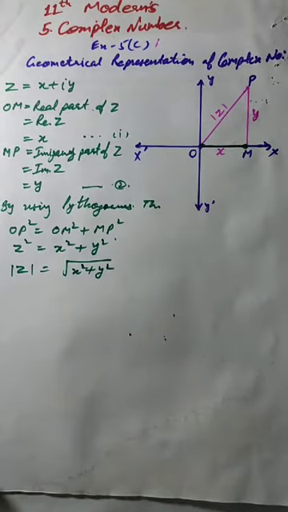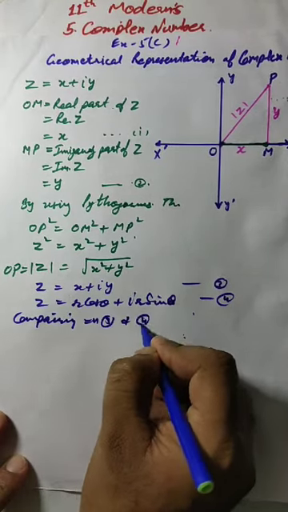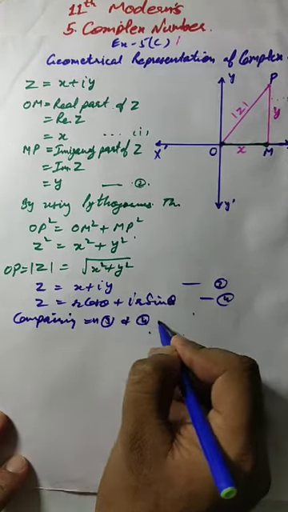Now if we represent the complex number in polar form, as we have written here, because Z was x plus iota y, let us take Z is equal to r cos theta plus iota r sin theta. Let us denote it by 3 and 4. Comparing equations 3 and 4, we get x is equal to r cos theta, denoted by 5, y is equal to r sin theta, equation number 6.